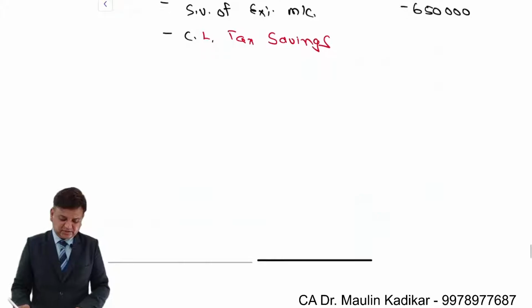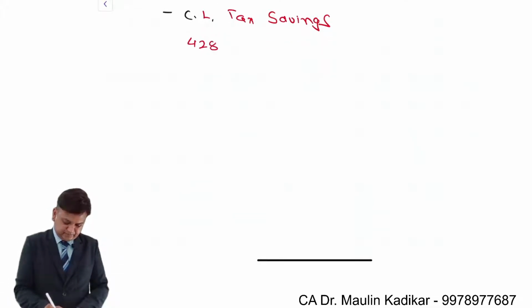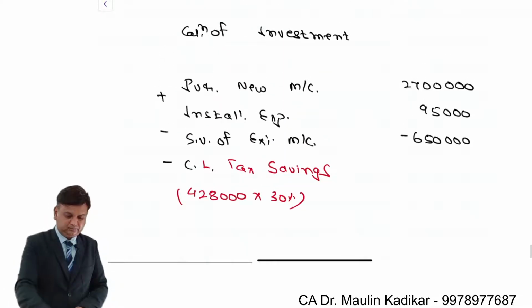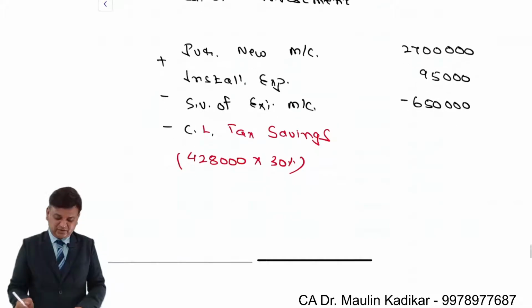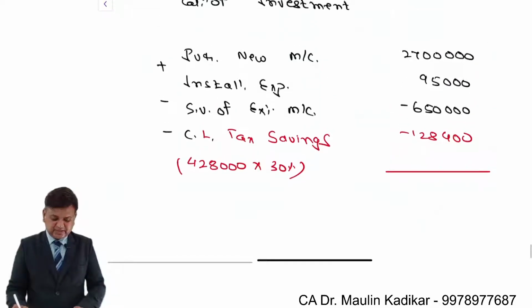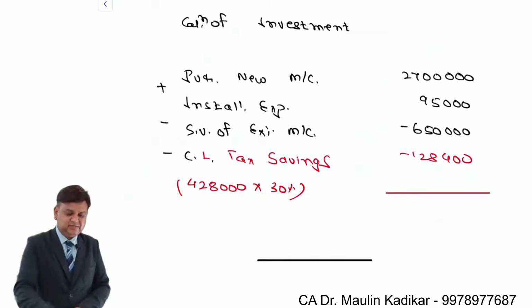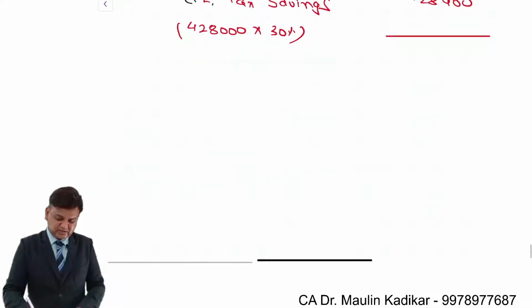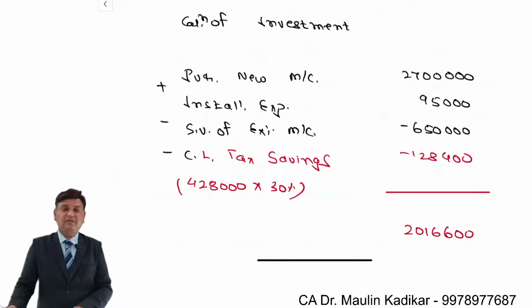The capital loss of 4 lakh 28,000 into 30% is 1,28,400. So we compute the investment: 27 lakhs plus 95,000 minus 6 lakhs 50,000 minus 1,28,400, which is 20 lakhs 16,600. That is the investment in step number 1.